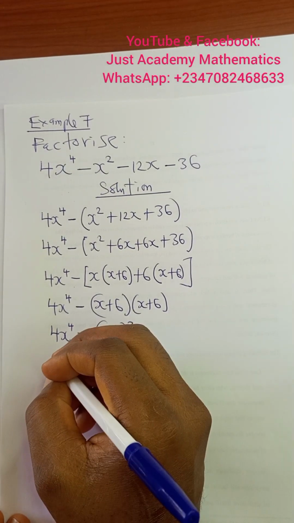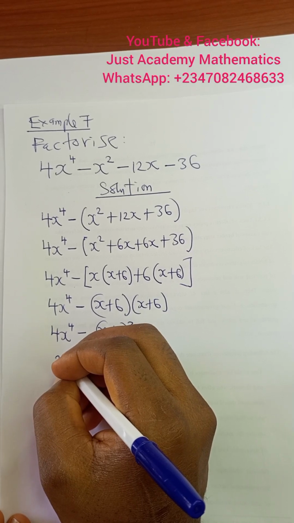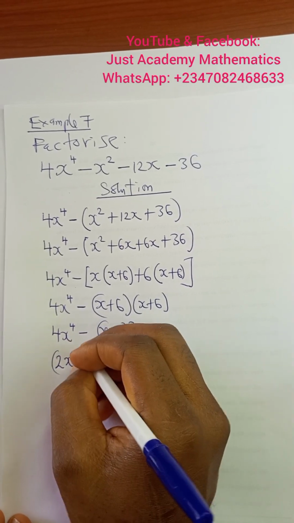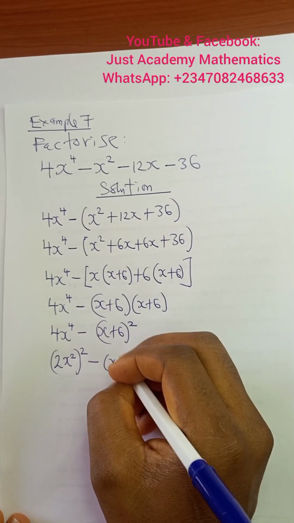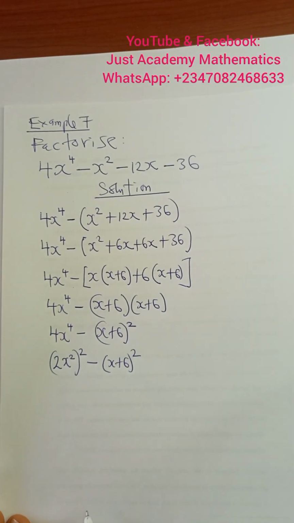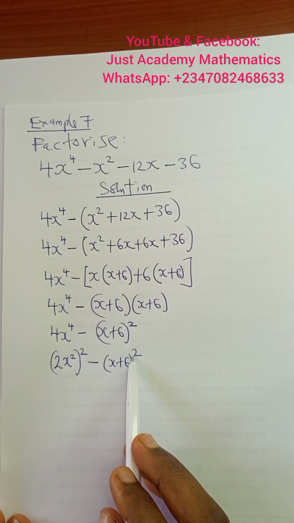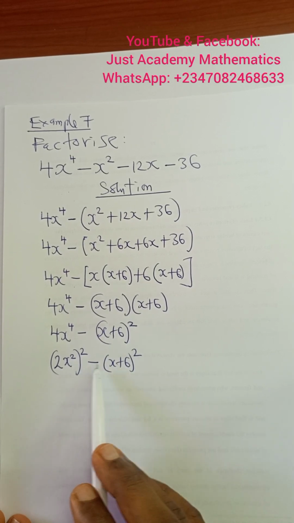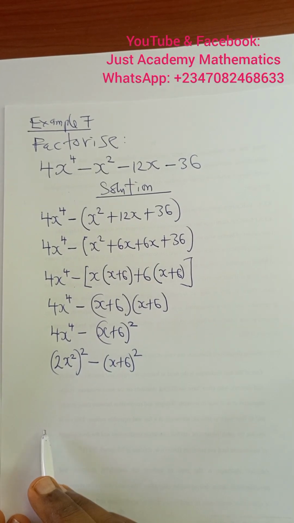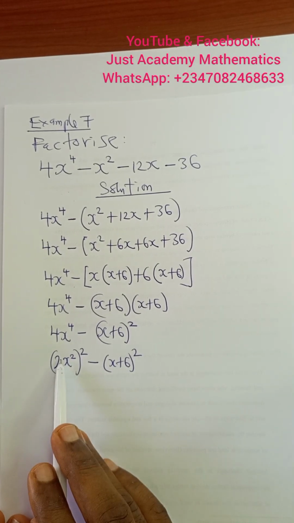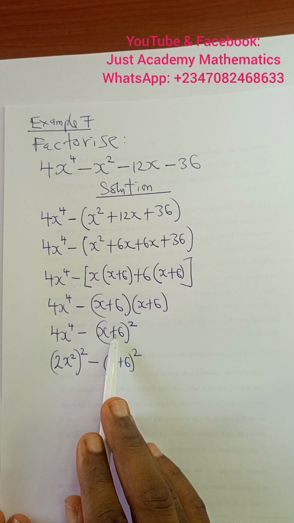This can be expressed as (2x squared) raised to the power of 2 minus (x plus 6) squared. So if you notice, since this is a square and this is a square, then we can treat this as a difference of two squares, which I have treated before. If you don't know it, you can go and watch it.